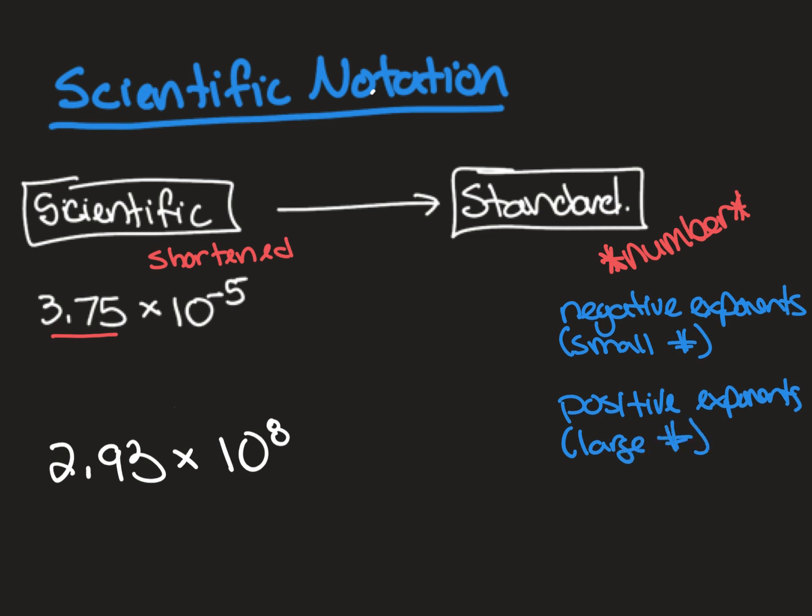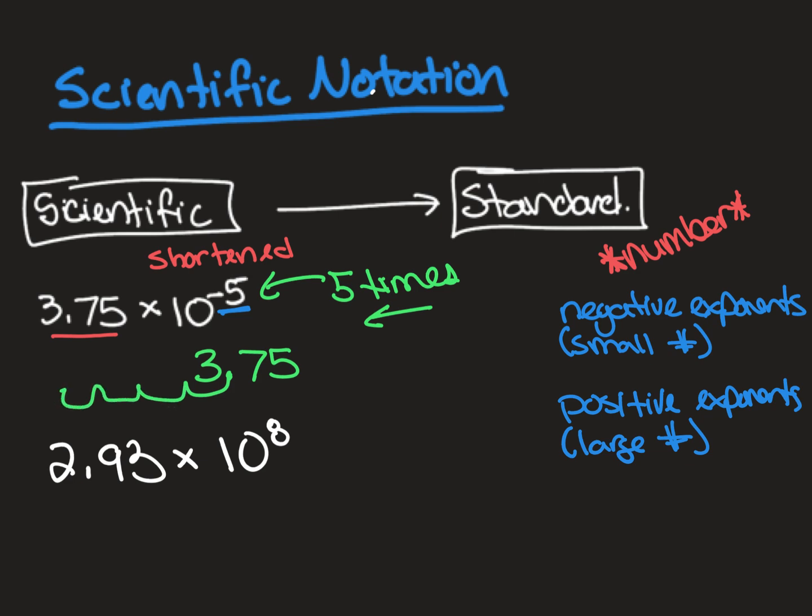Okay, so since I can see that this is going to be a small number, I know that I'm going to move my decimal to the left. Okay, and how many times am I going to move it? 5 times to the left. So if my original problem is 3.75, I know I'm going to get 1, 2, 3, 4, 5.